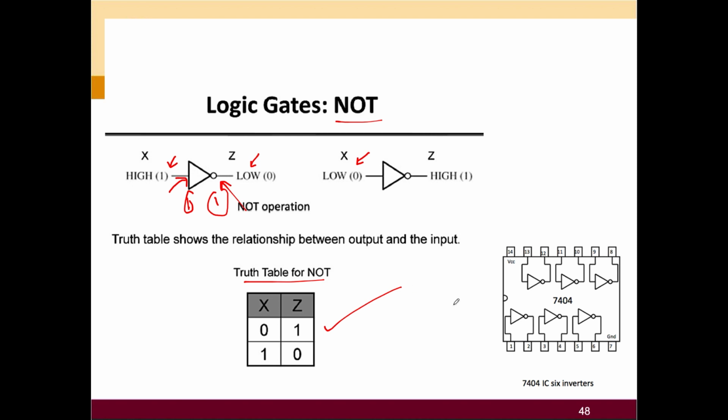This is just a sample of the IC 7404. Inside this IC you have the NOT gate. It has the function of 6 inverters. Over here you have 1 2 3 4 5 6, 6 inverters, or we call them NOT gates, inside the IC.